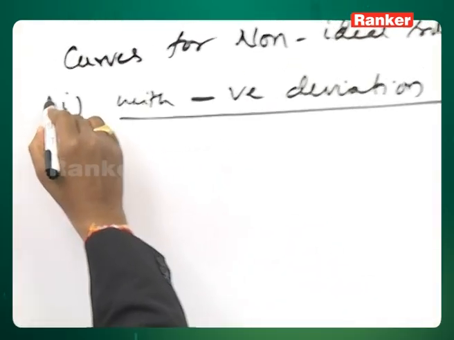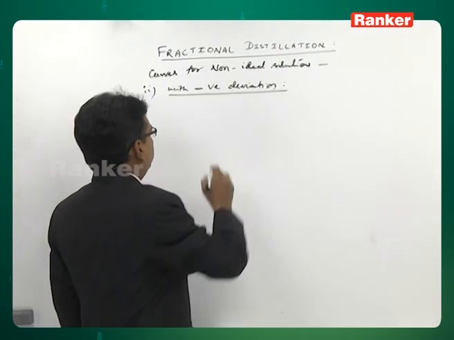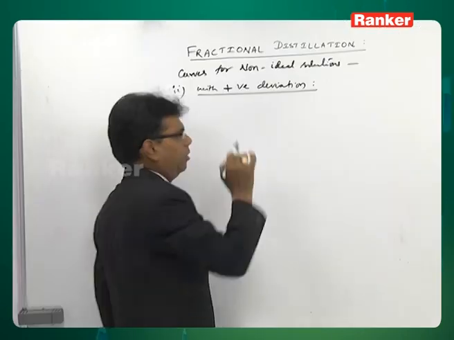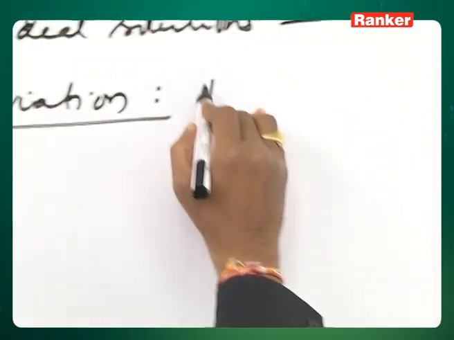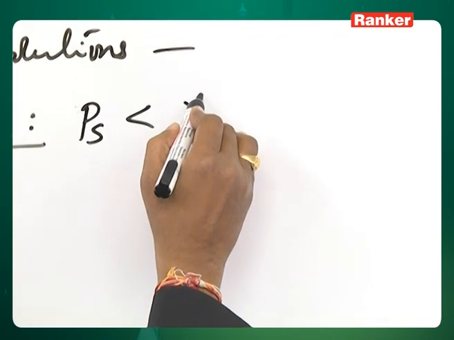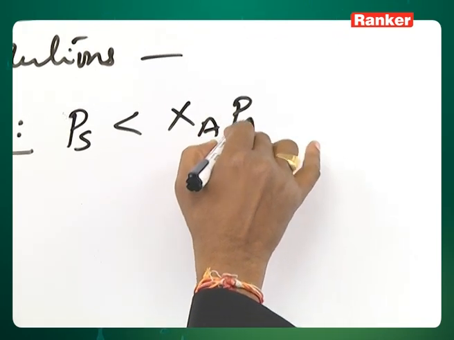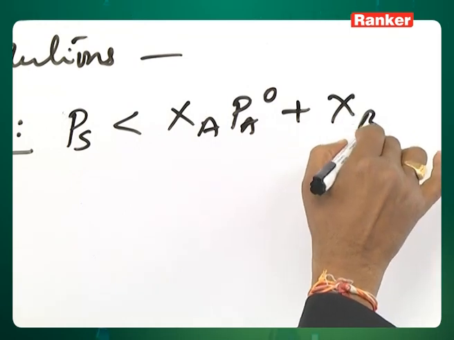Now we take the other case, that is non-ideal solutions with positive deviation. Non-ideal solution with positive deviation means the vapor pressure of the solution is greater than XA PA naught plus XB PB naught.